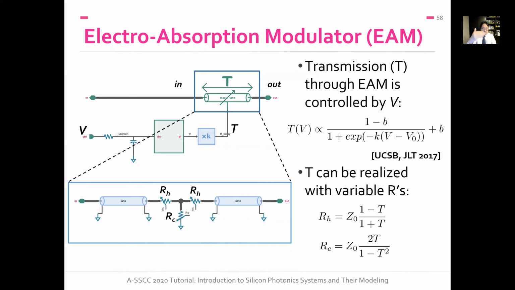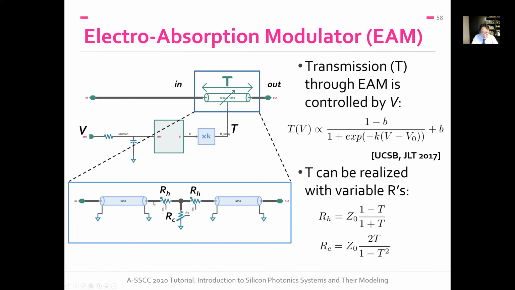As you know, if the incoming light energy matches the band gap, the electron can jump from the valence band to the conduction band, basically absorbing the energy. So by changing the band gap, you can change the wavelength of the light that this material is absorbing, and you can use that as a modulator.